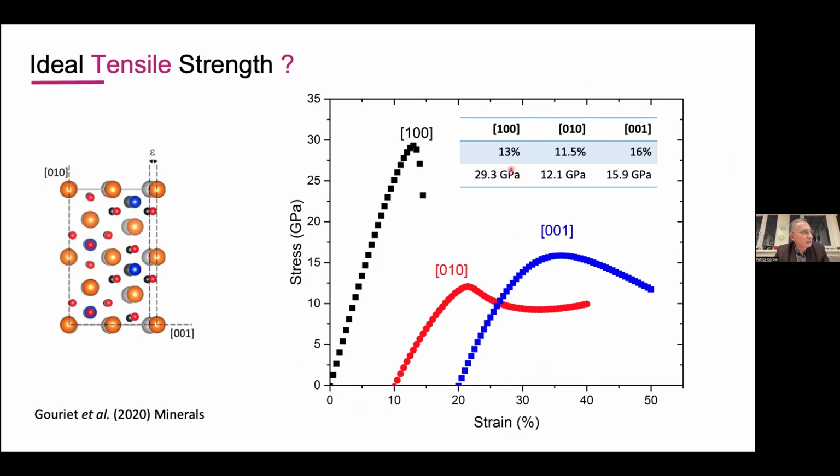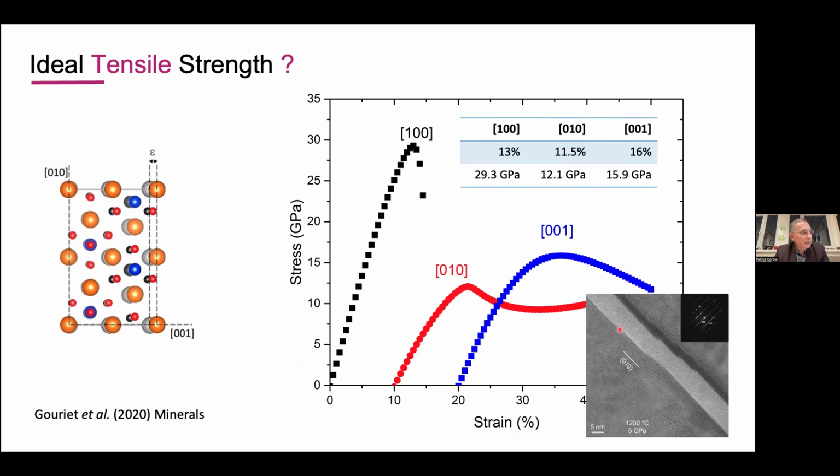In tension, it's smaller, and we find values which are of the same order of magnitude as the stress which was frozen in the amorphized grain boundary that we had. And interestingly, the softest direction here, 010, remember, is the one that we did observe in the TEM.